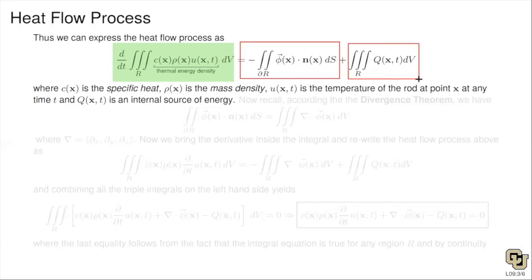So this is the same model. Everything is the same, except we've generalized the spatial variables. Instead of just x, now it's x and y. And some things are vectors. And here we're doing a triple integral because we're in x, y, and z.